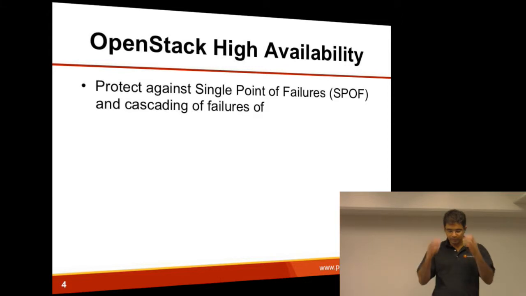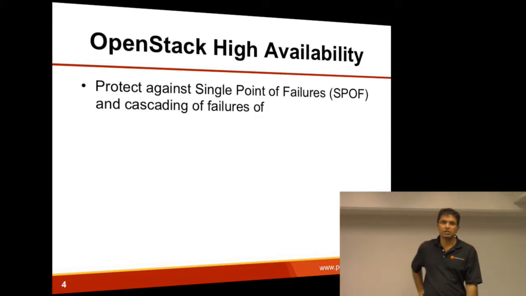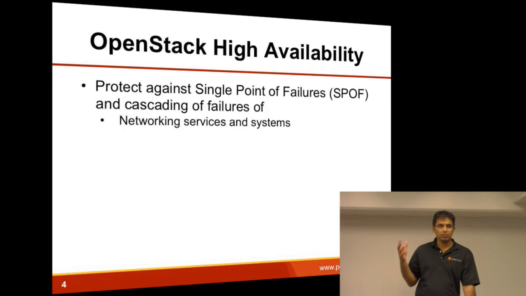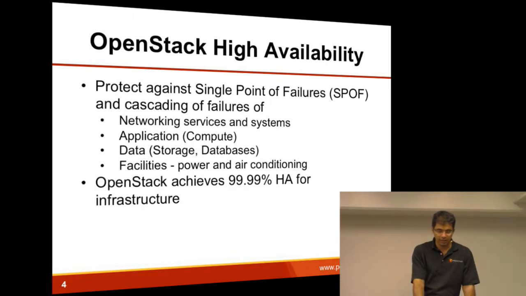In the OpenStack context, high availability means protecting against single points of failure and cascading failures. This could be networking systems, it could be your application or compute, it could be data, your storage and your databases, or it could be your facilities in your data center, such as power and air conditioning.